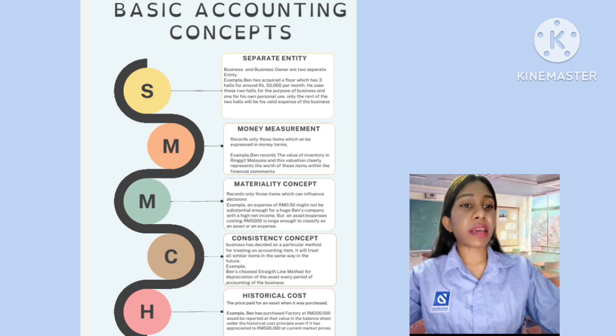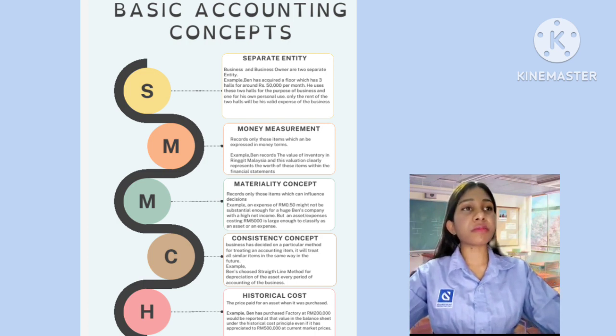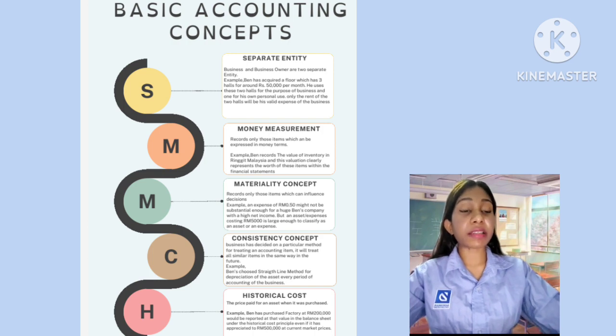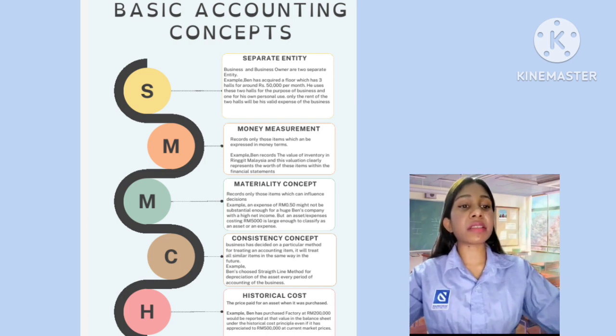The second concept is money measurement. Money measurement records only those items which can be expressed in money terms, in ringgit amounts, with a cost and value for that item. For example, when I record the value of inventory in ringgit Malaysia, this valuation clearly represents the worth of the item within the financial statement.